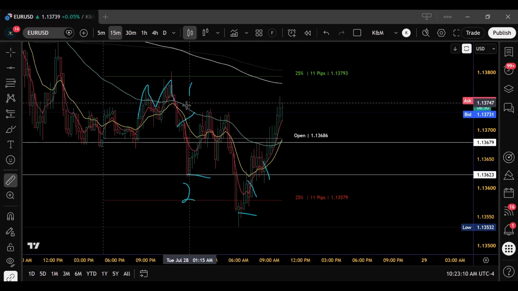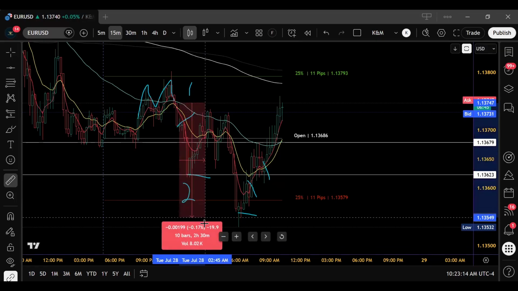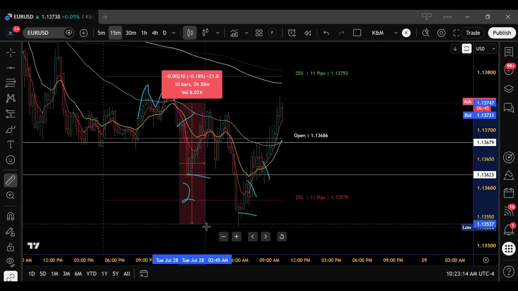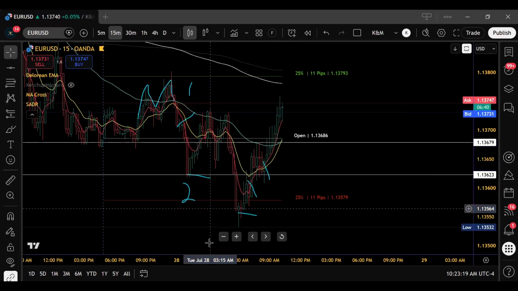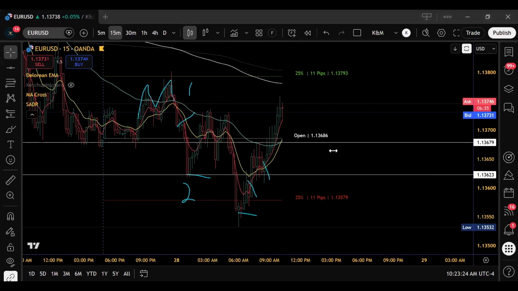From the top up here where the ketchup crossed the mustard, you should have been able to get at least 20 pips. Yes, that's what a consolidation zone is.